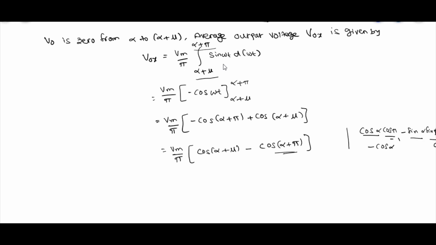So the answer you will get is minus cos alpha. So the equation will be Vox equal to Vm by pi, cos alpha plus mu plus cos alpha. That means I have substituted this value here.